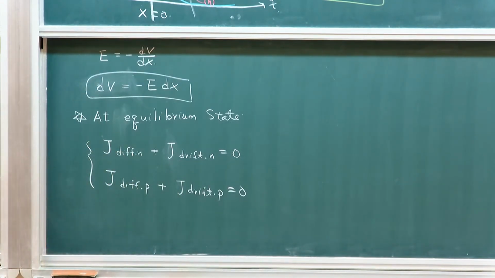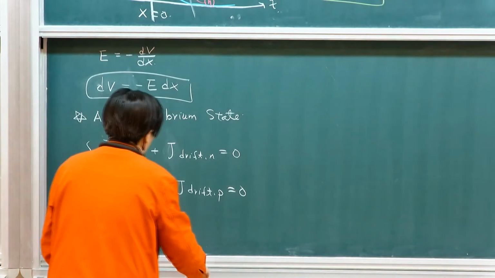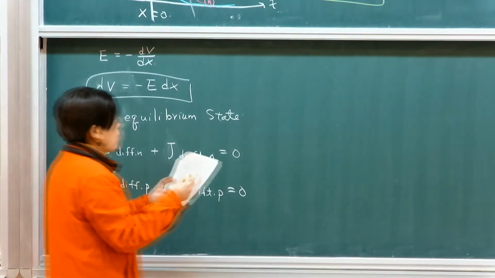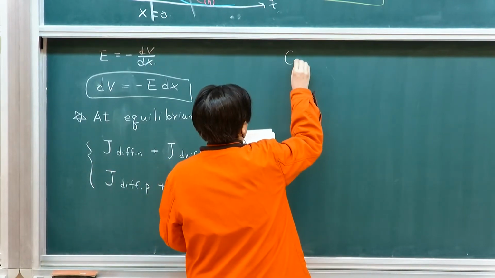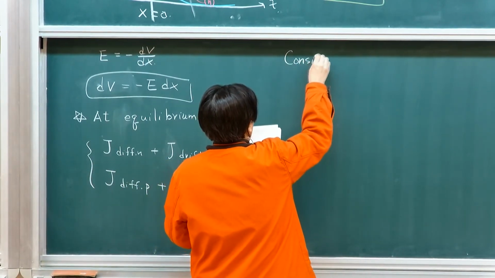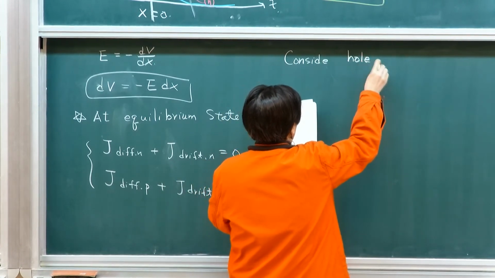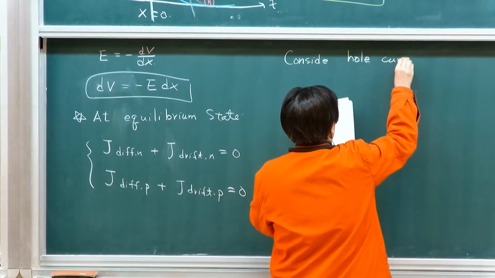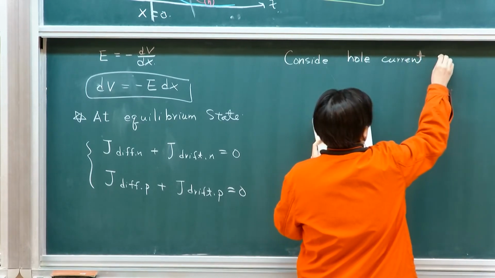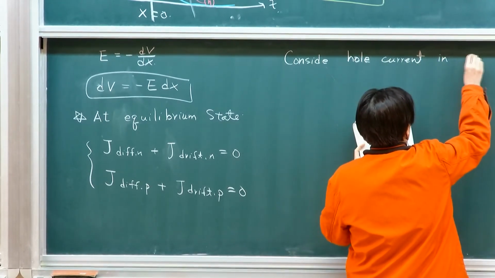So if I place an electron within the system, the two forces should balance so that the net current flow will be 0. You can consider either holes or electrons. In my example, I'm considering hole current, the balance of hole current in the depletion region.